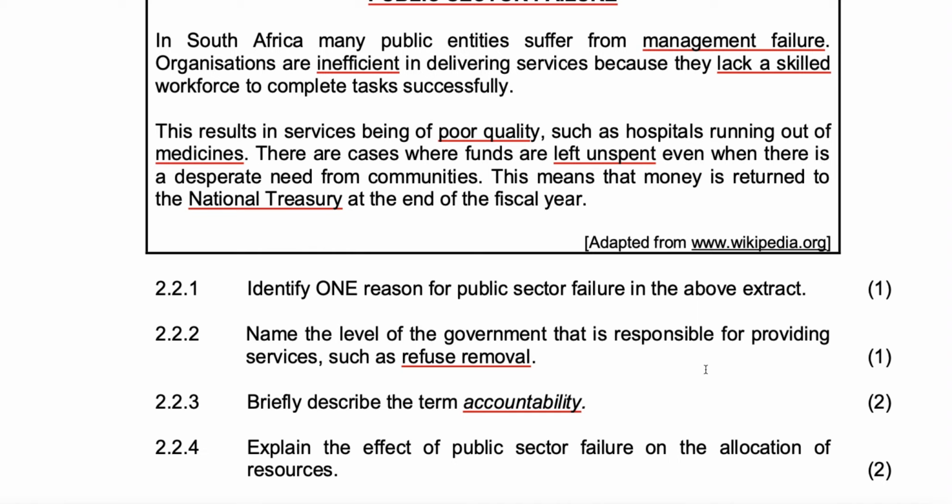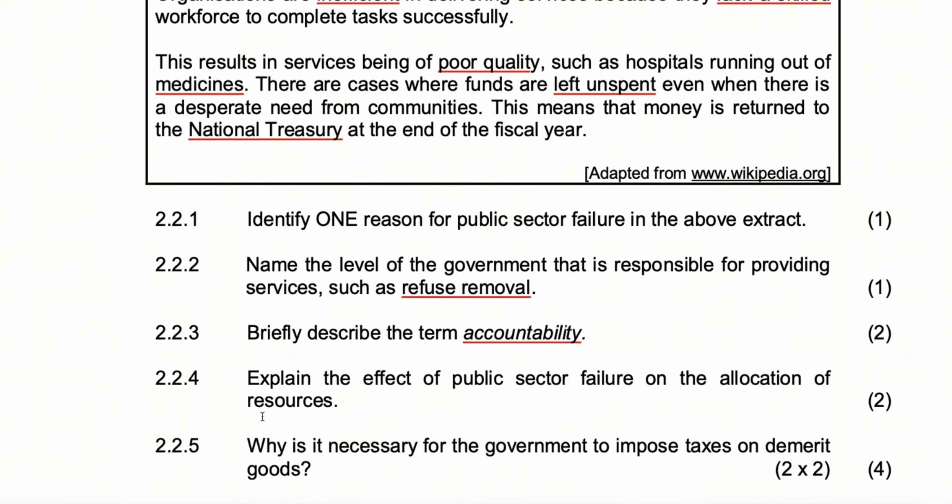That's something that you should think of. It can affect equality in the economy, because if allocation of resources is not done properly, then there will be gaps between the rich and the poor.